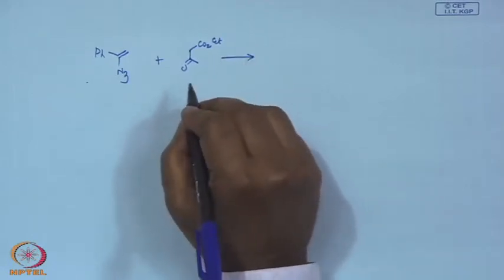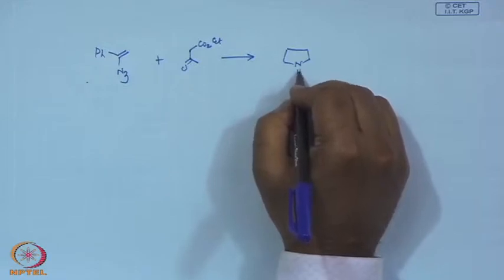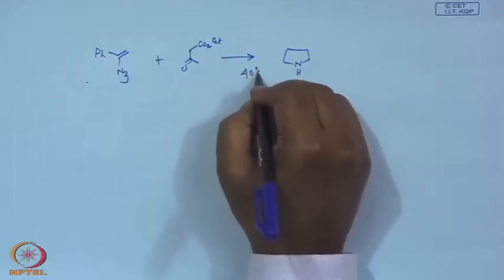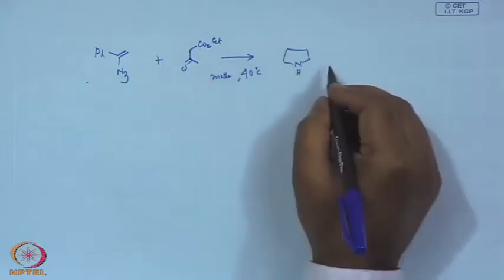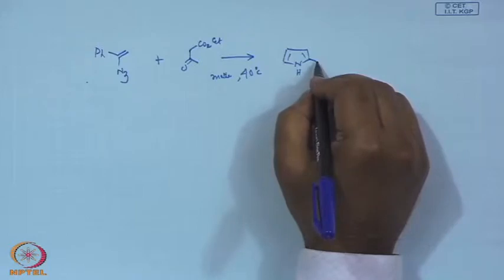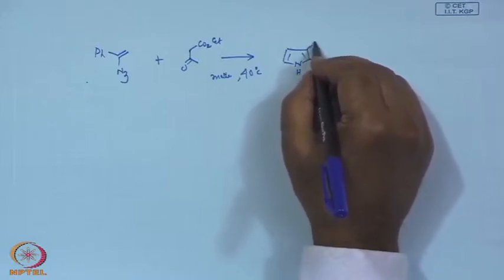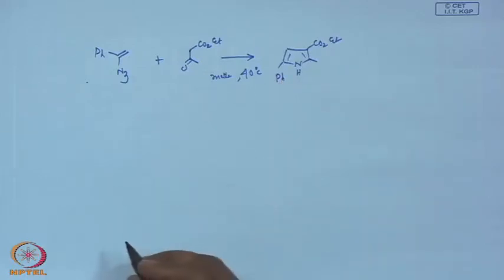Now what? So, again at around 40 degree centigrade in methanol, in the presence of a catalyst, he could produce the compound of this kind, with a phenyl here.